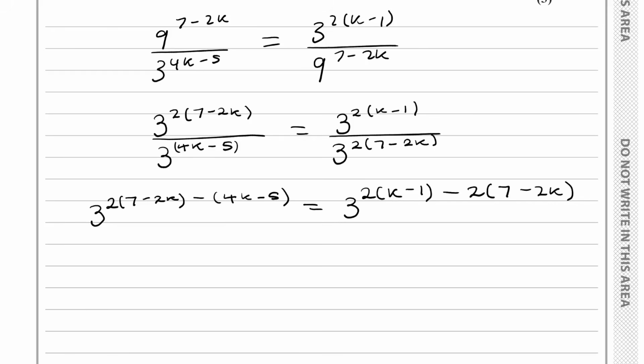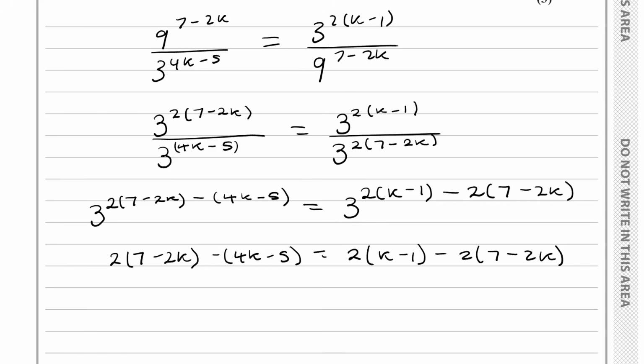Because they're both powers of 3, the powers must be equal. 3 to the power of this equals 3 to the power of this. So I can just get rid of the 3's and just write it as the two powers must be equal. And then we've just got to expand and solve.